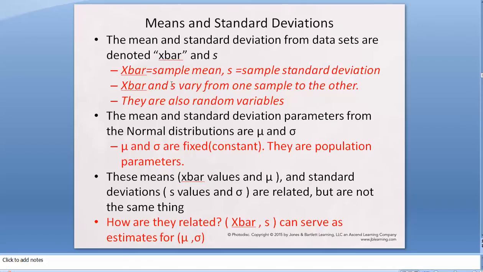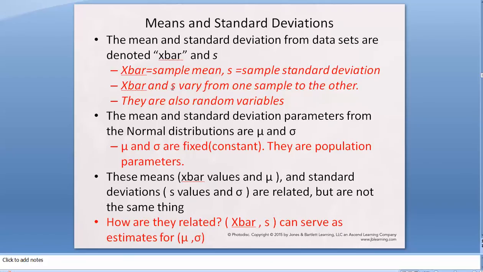Because of that, x bar and s vary from one sample to the other. You agree? So that means you can think of both x bar and s as random variables. They both have variability from one sample to the other.